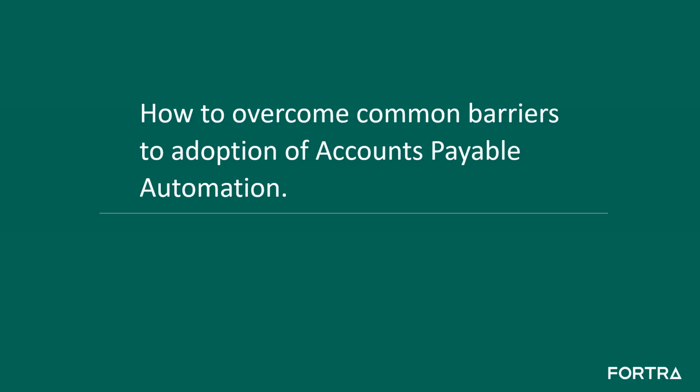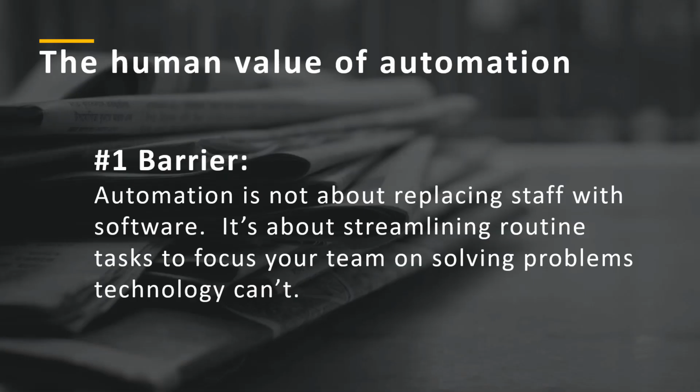Now, since we talked about some of the key factors, I thought it would be good to also talk about some of the barriers companies are facing and how to overcome the common barriers that you'll run into implementing an AP automation solution. The first common barrier that we run into is understanding the true value of AP automation.